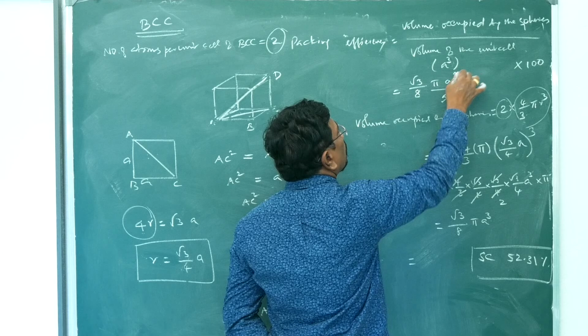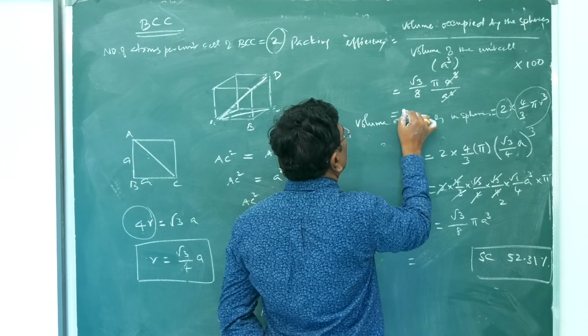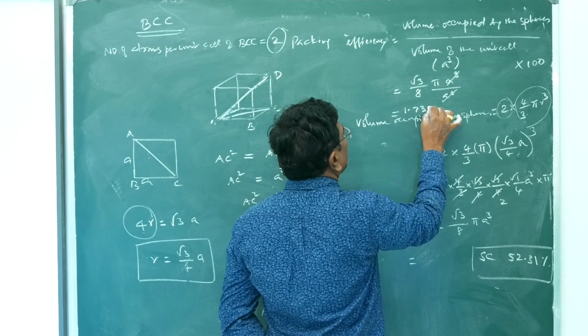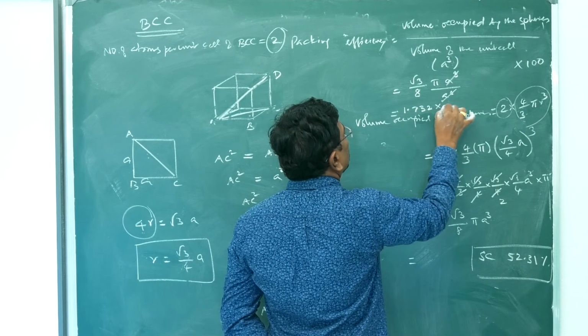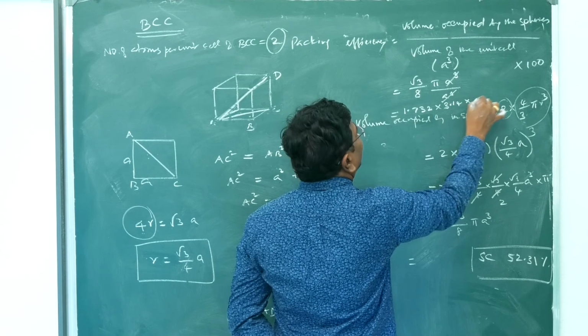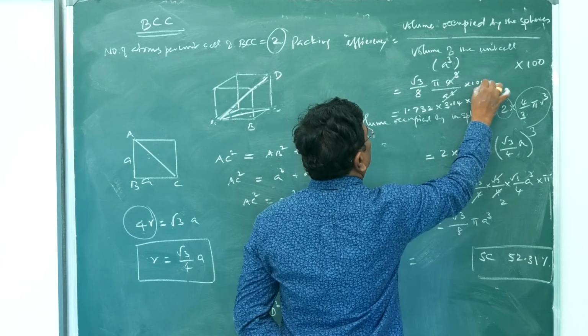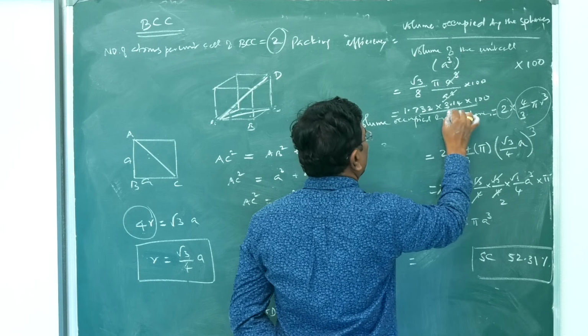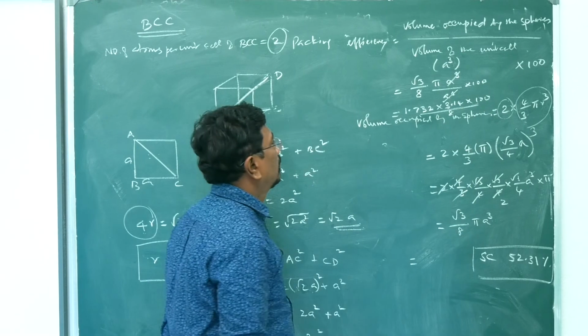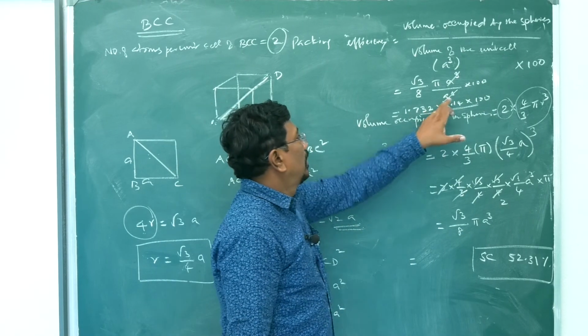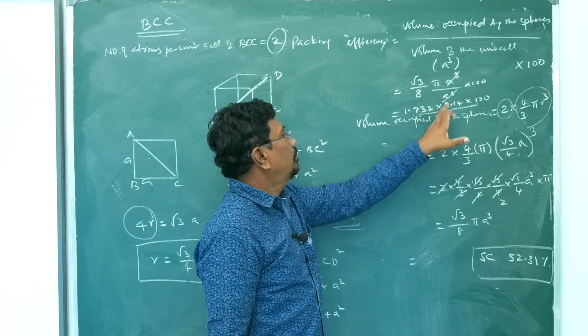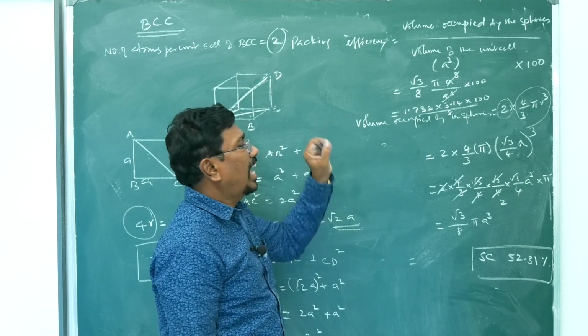A cube and a cube get cancelled, which is equal to 1.732 into 3.14 into 100, because we are calculating percentage, divided by 8. That is approximately 68%.